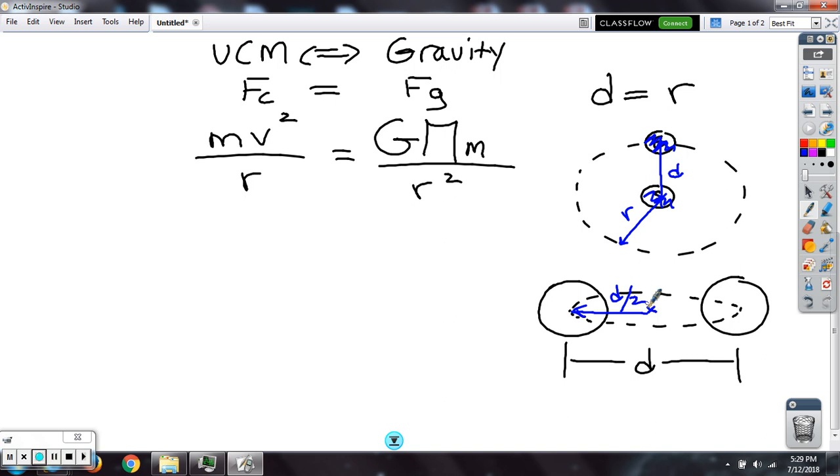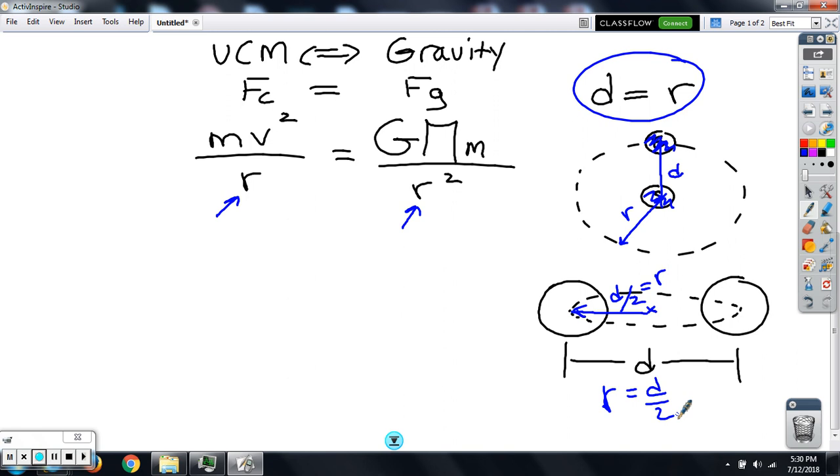And so anywhere you would need to use radius r, you could set that equal to d over 2. So this is specifically, in this expression, the radius of the orbit. This is specifically the distance between the two masses. And in the example of the Earth going around the Sun, this is true. But in this system, r equals d over 2. And so that's what I would have to plug in here.